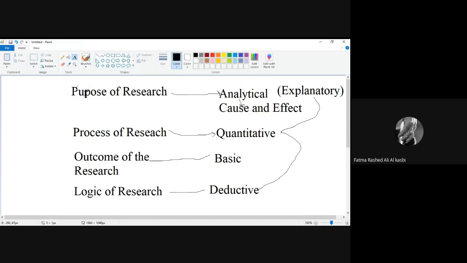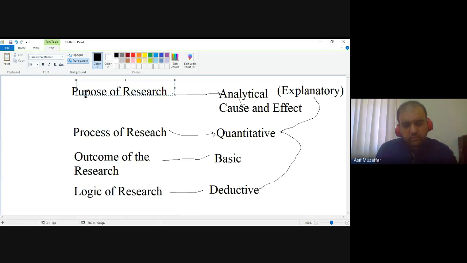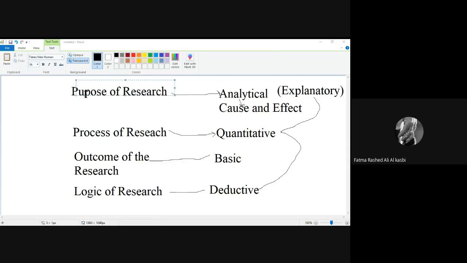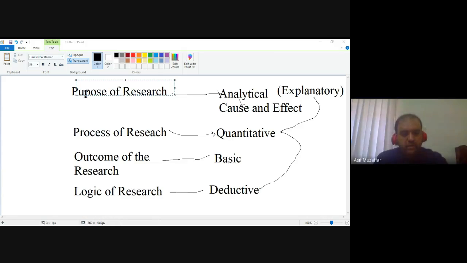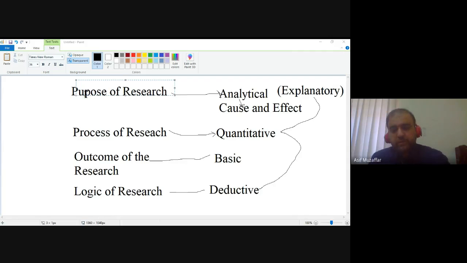If the purpose is descriptive, is it the same? Yes. If the purpose of your research is not analytical but descriptive, then it will be the same as well. It will also be quantitative data.